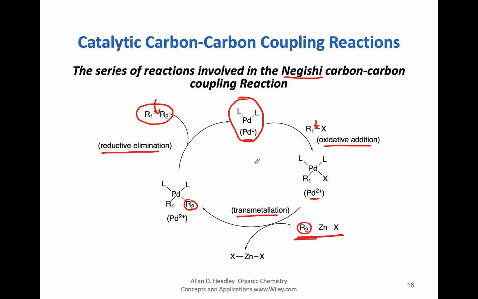So I hope you can appreciate the chemistry here, because we use a very expensive metal, palladium, as a catalyst, which means that it's recycled, and the bottom line is it's used to make very important compounds in pharmaceutical and medicinal chemistry.